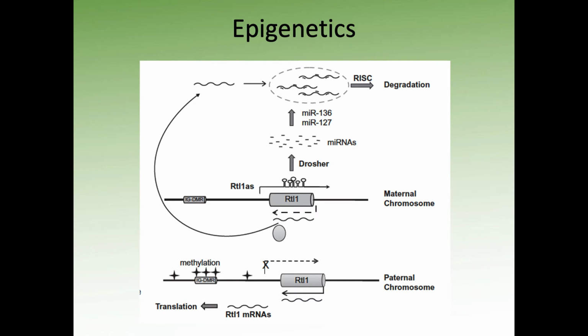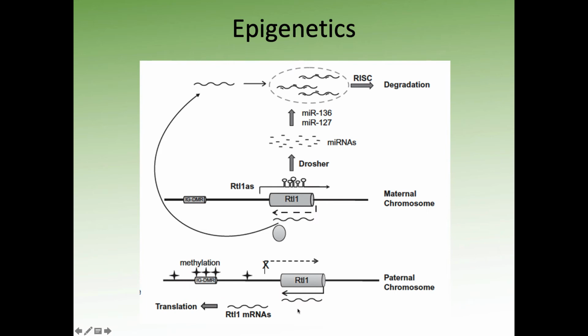Here's an example of how these mRNA expressions can be inherited epigenetically. In this case, we have an example of an mRNA which is created and expressed off of the maternal sequence, and because there's a difference in the methylation status, on the paternal allele this RTL1 mRNA is produced, and there are no microRNAs also produced.